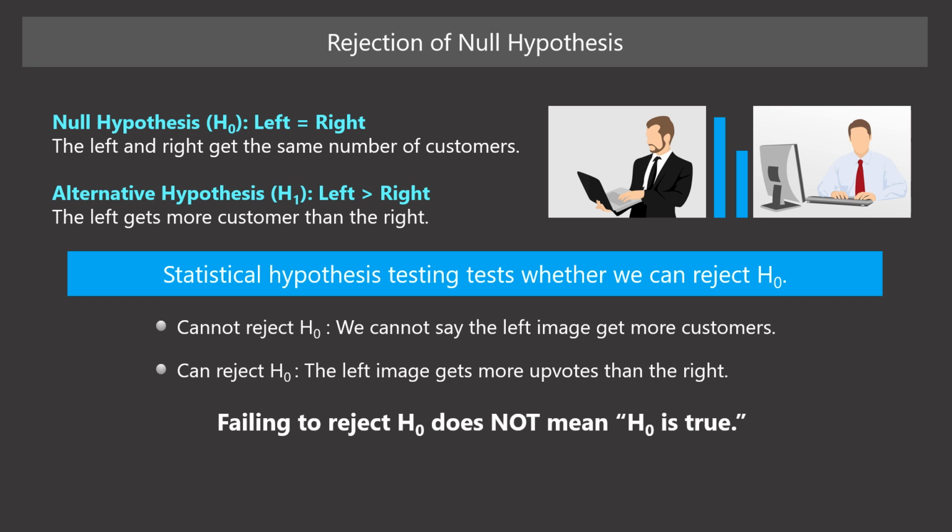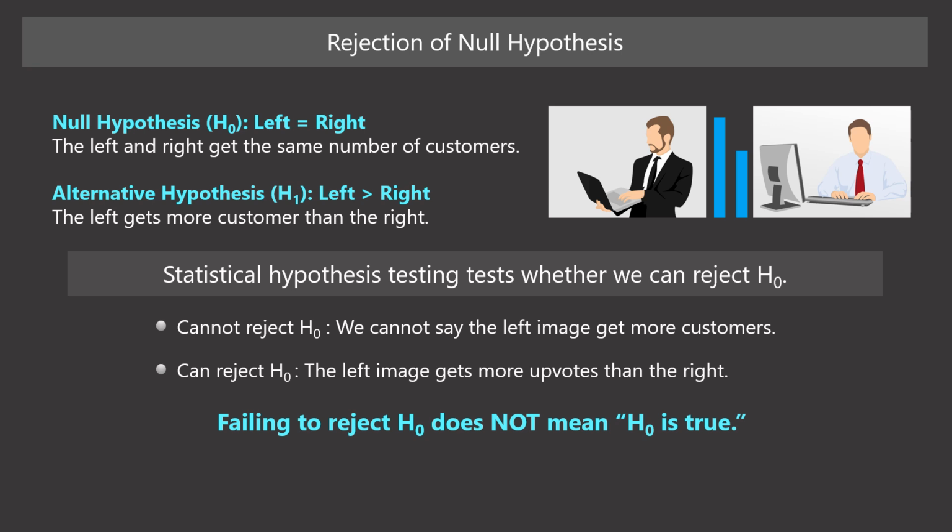If we can reject a null hypothesis, it means that the difference between groups occurs with a probability such that we cannot say it is a product of chance. It should be noted that statistical hypothesis testing just tests whether we can reject a null hypothesis or not. Failing to reject a null hypothesis does not mean that we can prove that the null hypothesis is true.